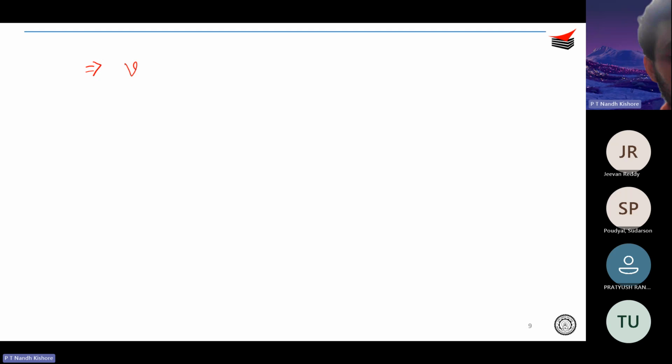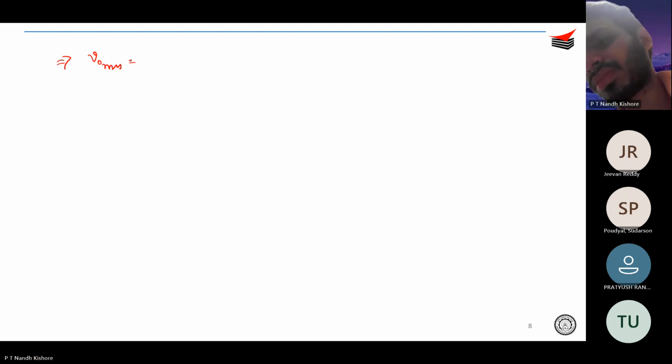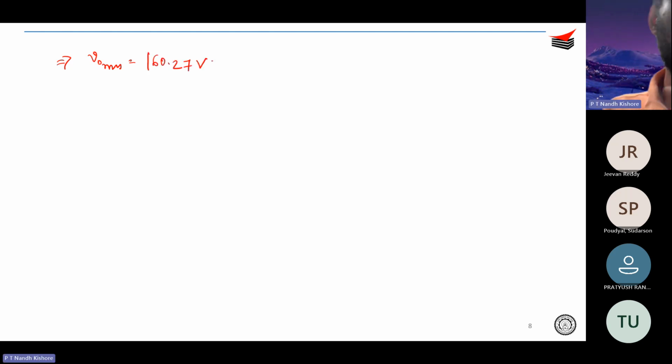If you solve it, what happens? Again, you guys can solve, and if you get the answer you can also tell me. So what will be your V naught RMS? It's going to be 160.27. If you find any discrepancy in the values I'm writing, please go ahead and stop me at any point of time.